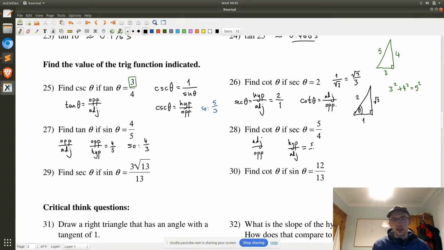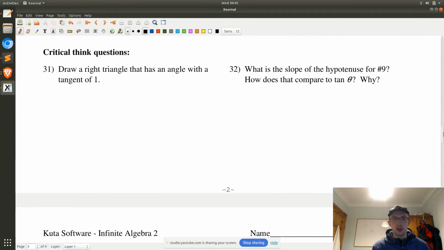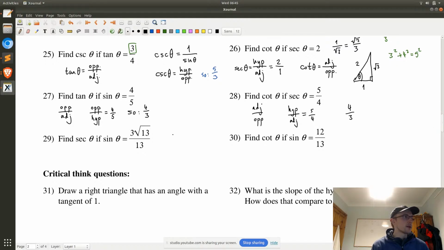Hypotenuse over adjacent is 5 over 4. So this is the 3, 4, 5 triangle again, it appears. So this should simply be 4/3 for cotangent of theta. Oh, booyah, it's correct.